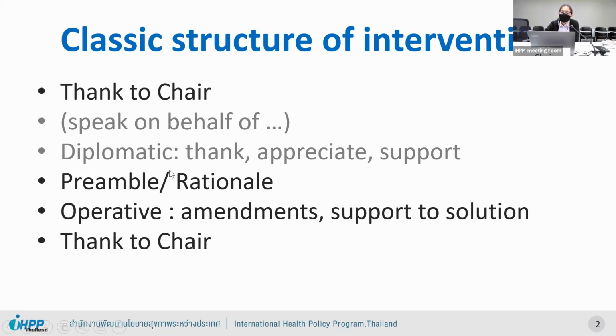Dr. Suvit used to deliver the intervention at the Executive Board, as it was the first time that the Thai delegate took the floor. So what he did was express an umbrella of appreciation for all the hard work of the secretariat.